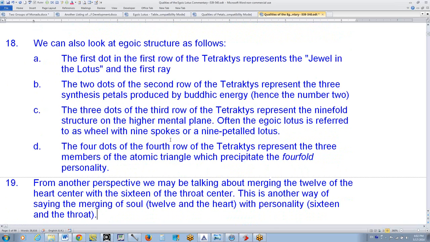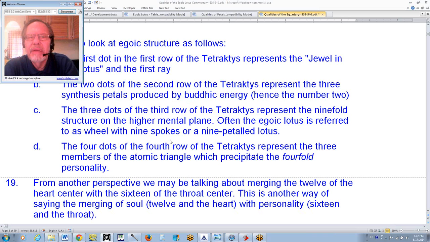The 3 dots in the third row of the Tetractys represent the 9-fold structure on the higher mental plane. Often the Egoic Lotus is referred to as a wheel with 9 spokes and a 9-petaled lotus. So there is a funny kind of way that if we don't include the atomic triangle, the 9 petals represent the third aspect of divinity, and 9 is the number of the third aspect of divinity. Then the 3 synthesizing petals represent the second aspect, and the jewel in the lotus, of course, the first aspect.